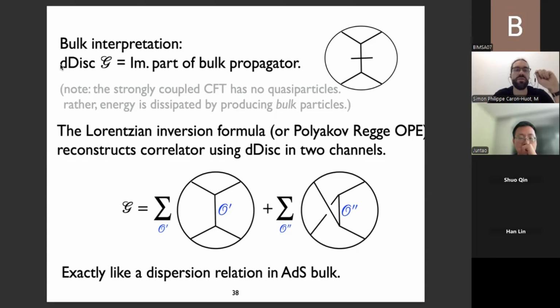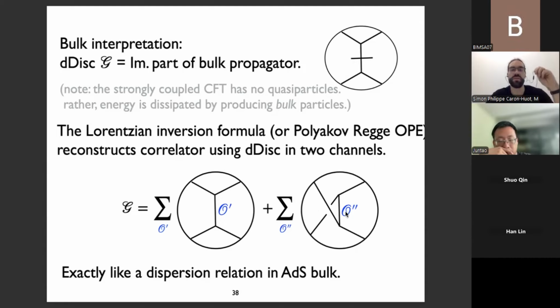And this double discontinuity gives you a simple way of calculating this. The Lorentz inversion formula, or this expansion in terms of Polyakov-Regge blocks that I mentioned, is a dispersion relation that reconstructs the correlator using these things in two channels. So it's exactly what you would get if you had a dispersion relation in the bulk of AdS: reconstruct the amplitude from its imaginary part in two channels.